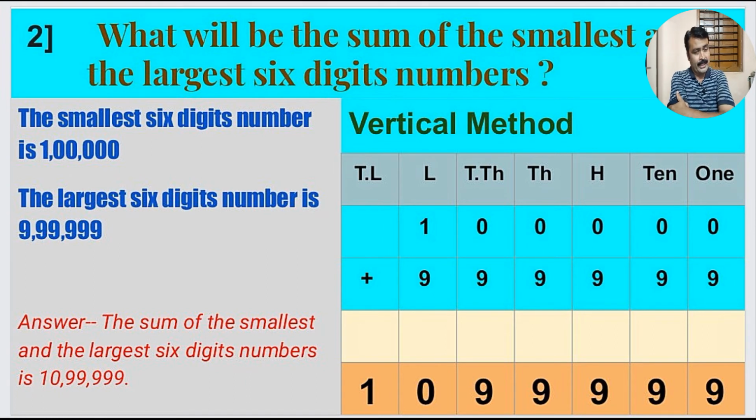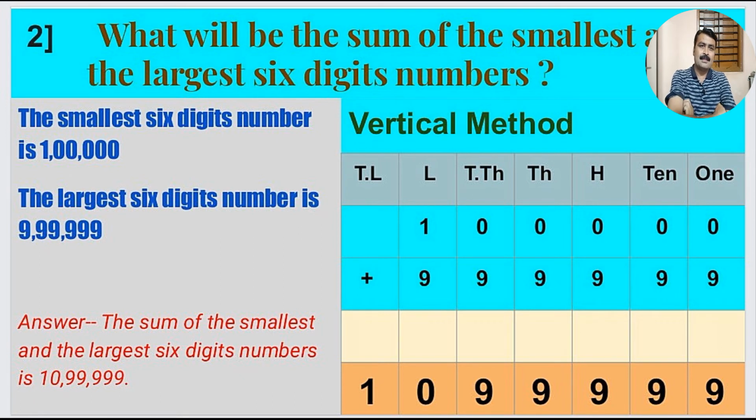You will get it at the completion of our answer. First column ones, second tens, third hundreds, fourth thousands, fifth 10,000, sixth lakh, and seventh 10 lakh. Then we arrange 1 lakh starting from the lakh column: 1 in the lakh column, and the 0s at the proper places.